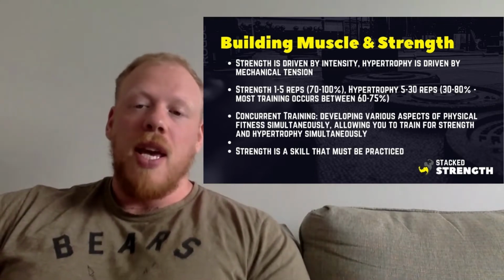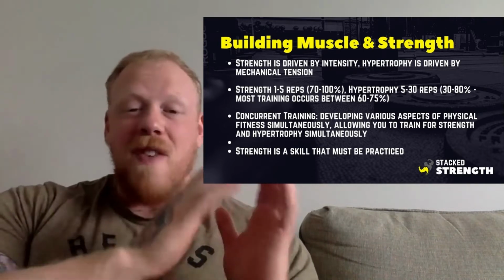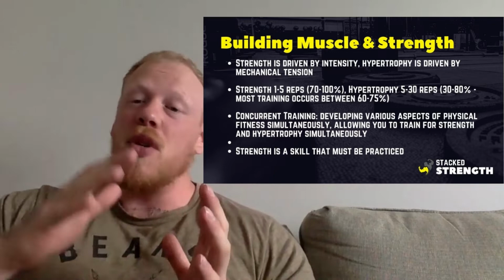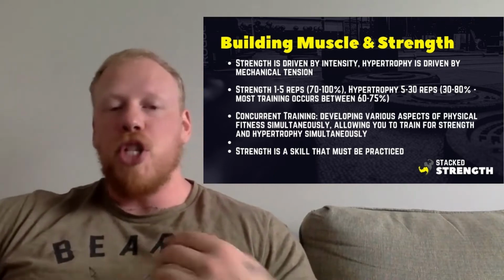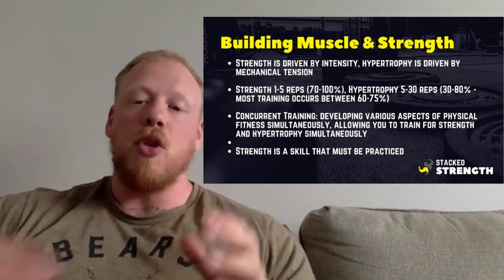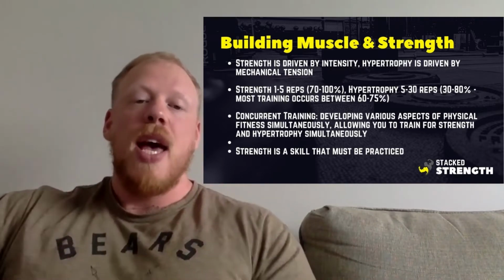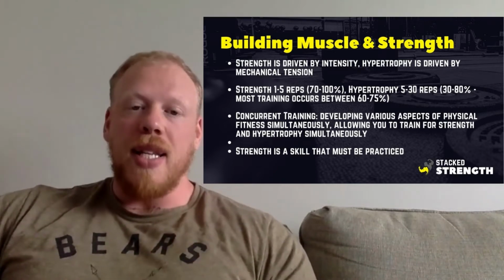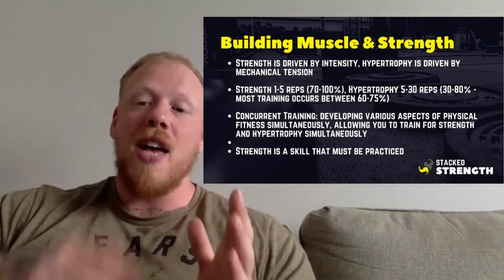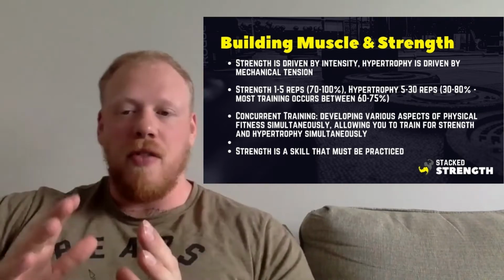Now, hypertrophy. This is, again, a much, much broader rep range. We're looking at anywhere between 5 to 30 reps. You can even go as high as 50 reps sometimes. But generally speaking, you're going to be in the 5 to 30 rep range, and you're going to be anywhere between 30% 1 rep max all the way up to 80% 1 rep max. Now, most of your training in this case is going to happen between 5 and 15 reps, and it's going to be generally between 60 to 75%.